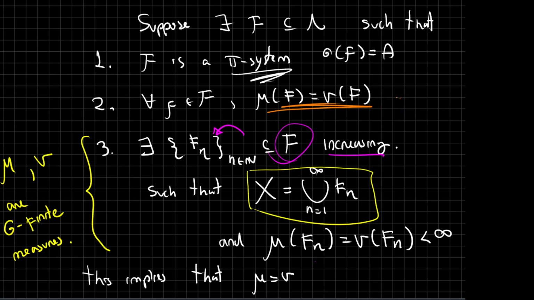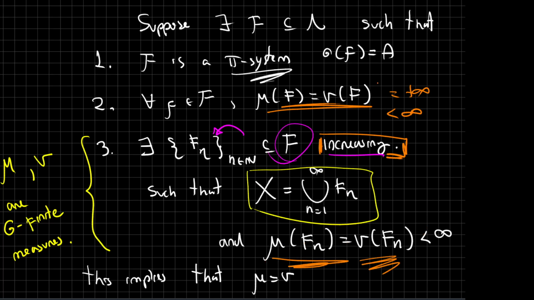And both measures, while not necessarily finite, were surely sigma-finite measures. So that means that there exists some countable family, which in this case was inside of the pi system, such that, by the definition of sigma-finite measures, the whole space was the countable union of the increasing family. Increasing is key, and every value of the measure was finite.